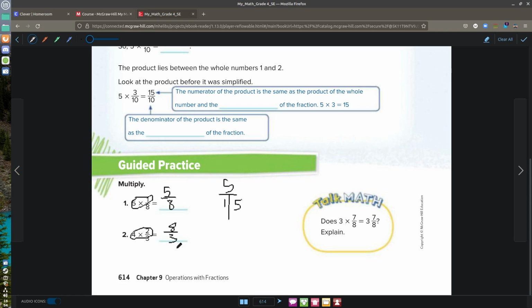And then that is an improper fraction, so we divide that. You can either do box or standard. So 8 divided by 3. Three goes into 8 2 times. 2 times 3 is 6, with a remainder of 2. So 2, remainder 2.